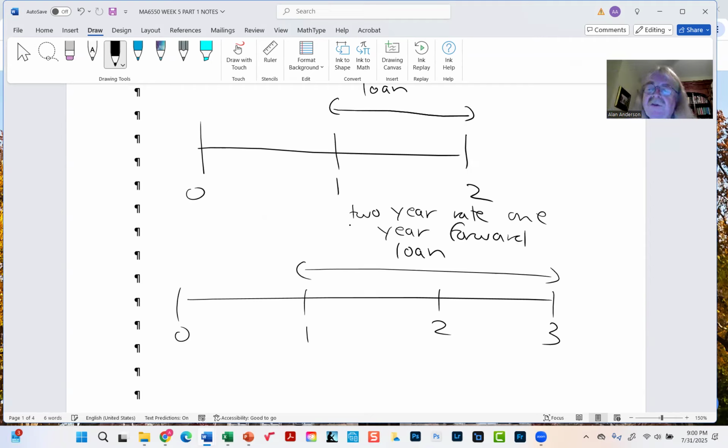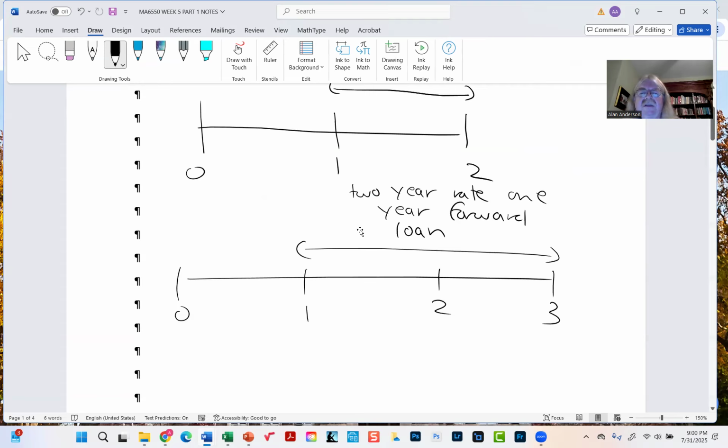Meaning that the rate itself lasts for 2 years, but then it doesn't start for another year. So you probably wonder, well, when would this ever actually happen? Well, it's sometimes done in order to lock in rates at which we can borrow in the future. So this proves to be awfully convenient for when we're trying to value cash flows that take place at different points in time down the road.